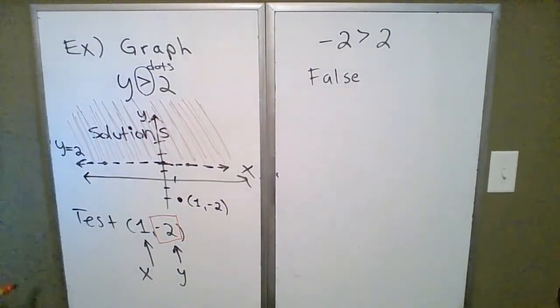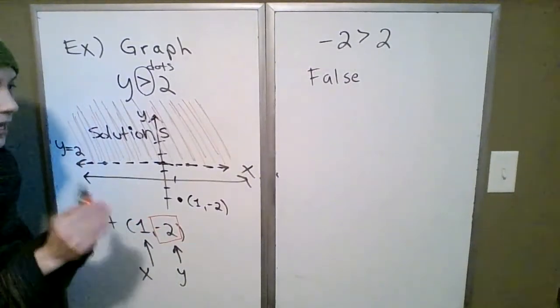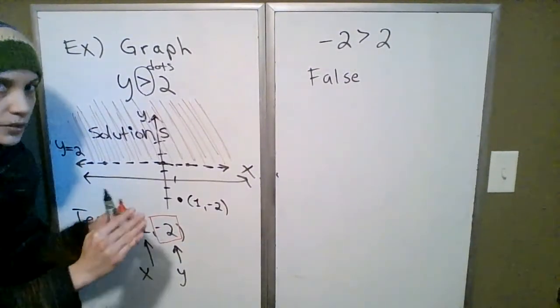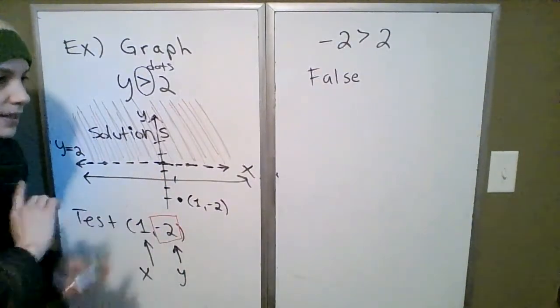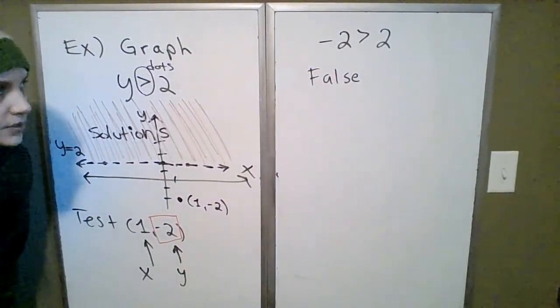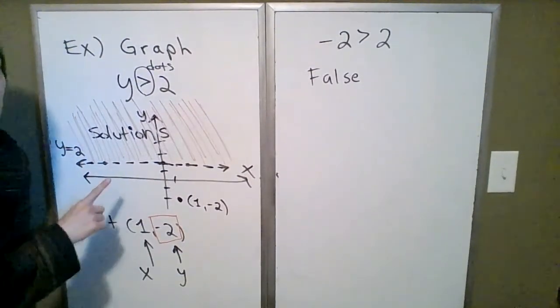Okay. And then one more of these, and then we have a system of inequalities. So you just do the same process, and then you repeat that process, and then the overlapping section will be the solution set. We'll write it down after one more example.